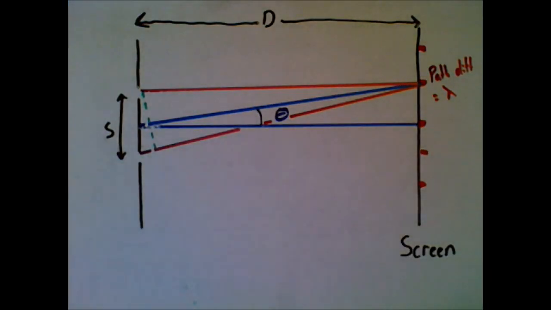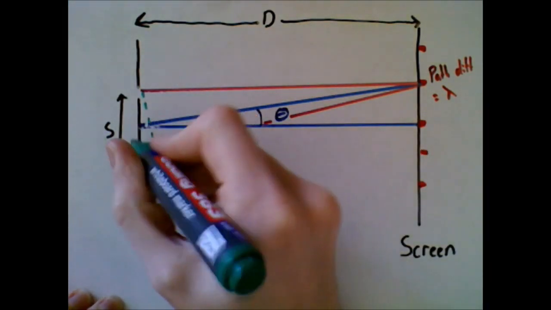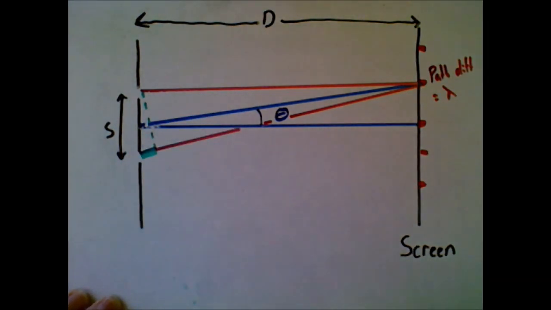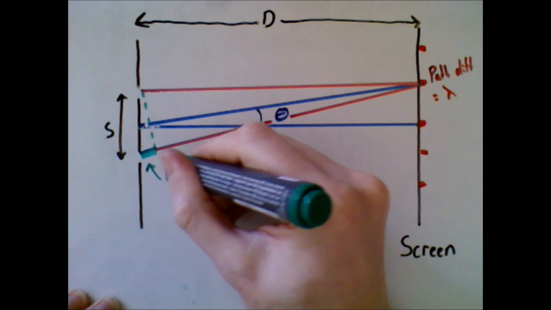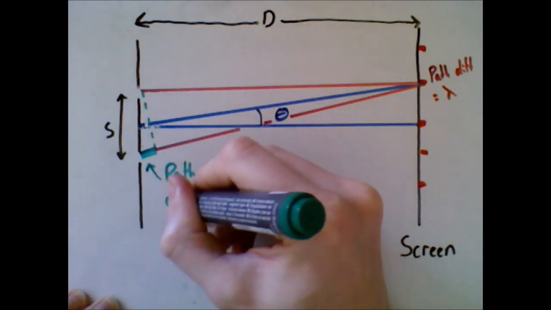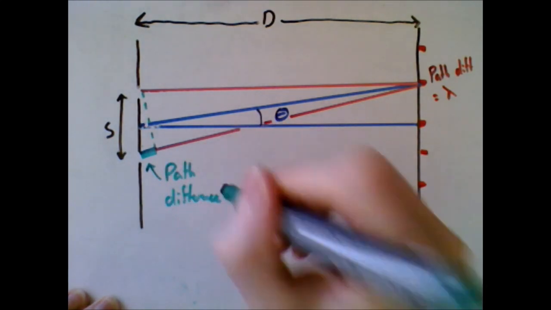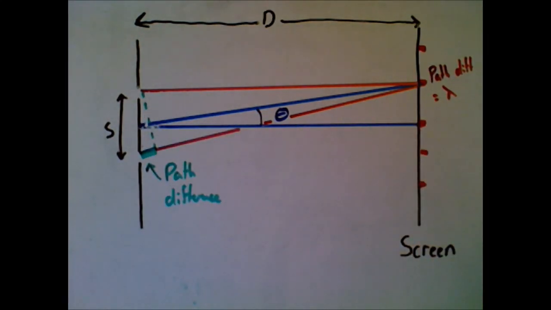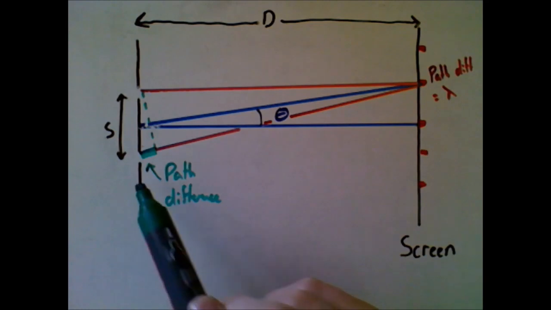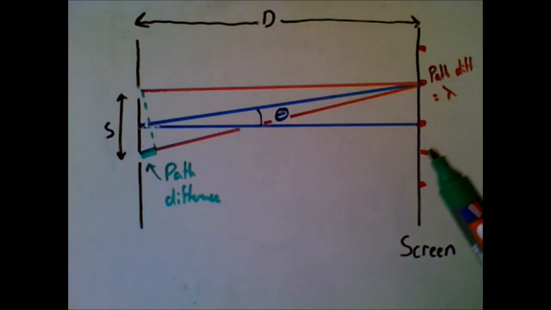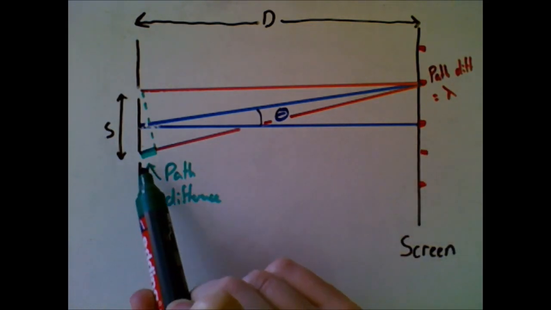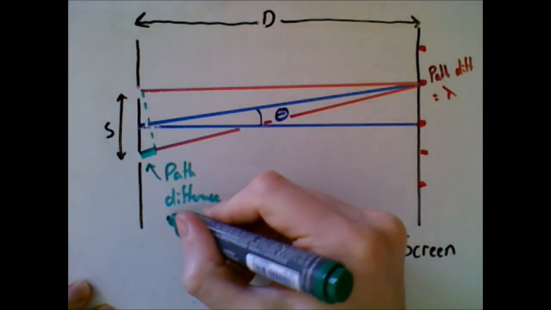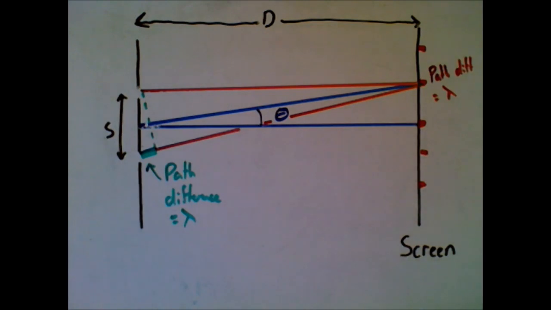This distance, that green line, is the path difference, because my two remaining red lines are now the same length. So this little green line is the difference in path length between the bottom line and the top line. Therefore, that green line is lambda.